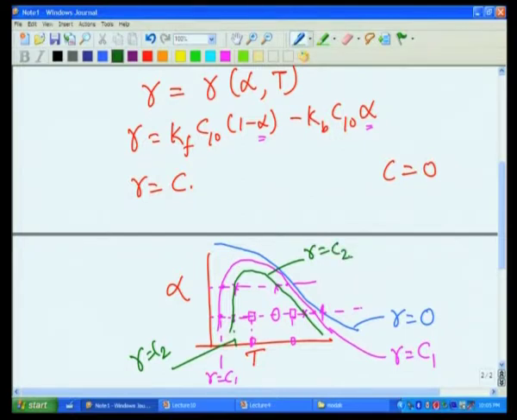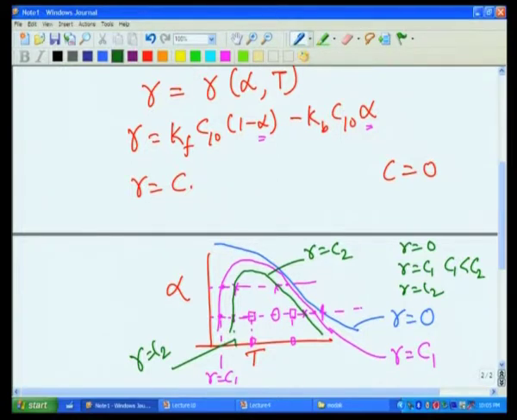What is my characteristic? My equilibrium line is R equal to 0, another contour is R equal to C1, another contour R equal to C2. So, R equal to C1, C2 are my different contours, and C1 is less than C2, and so on.